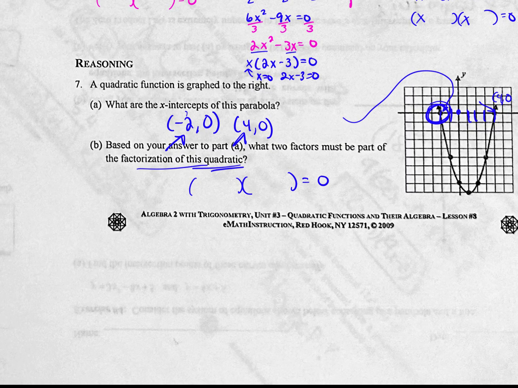So let's start with the 4, it's easier to understand. If that's my solution, what has to be the factor here that gives me that answer? So basically, I want x to equal a -4, but if I add 4 to both sides, I get x plus 4 equals 0. That's this factor, but it's not that factor.